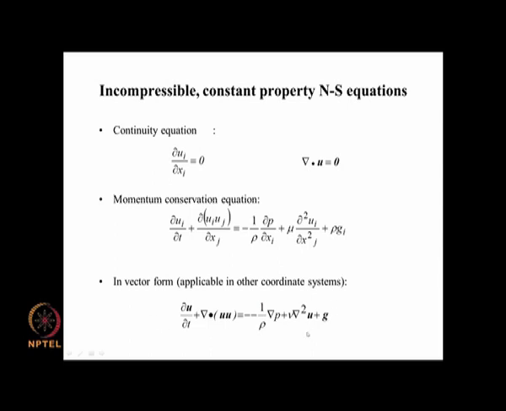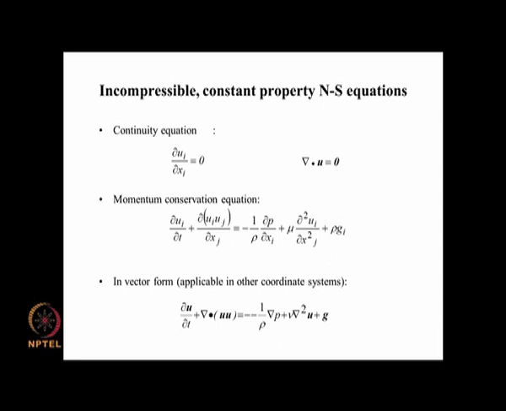So this vectorial form here is good for us to write the corresponding equations in other coordinate systems like polar coordinate system, cylindrical polar coordinate system, or spherical coordinate system.